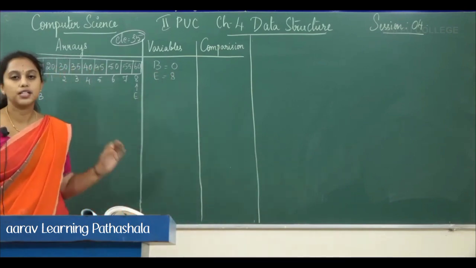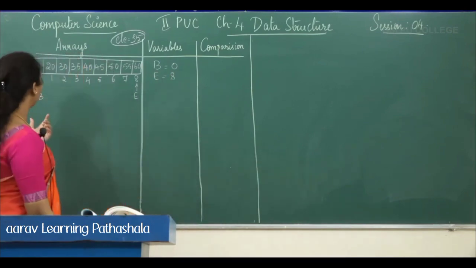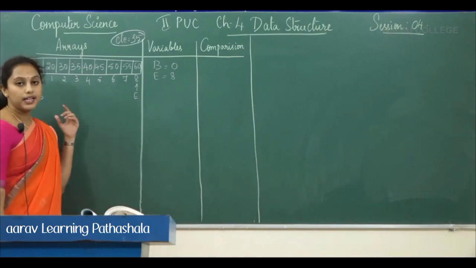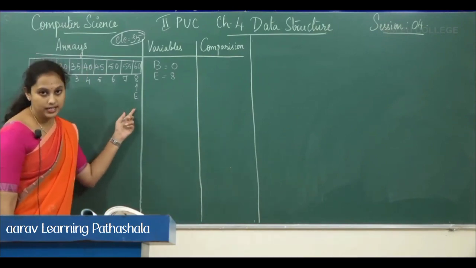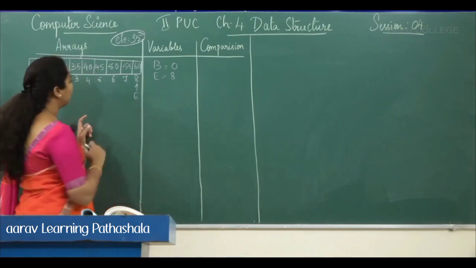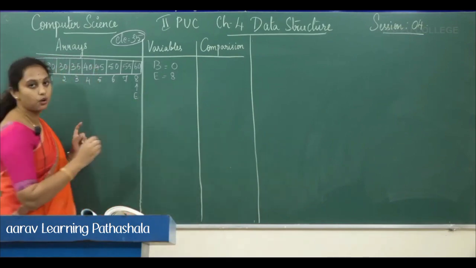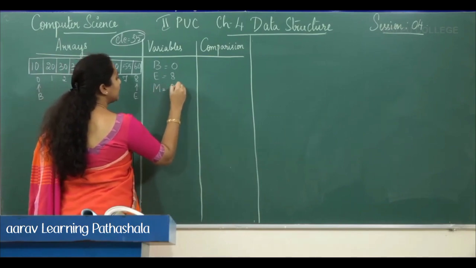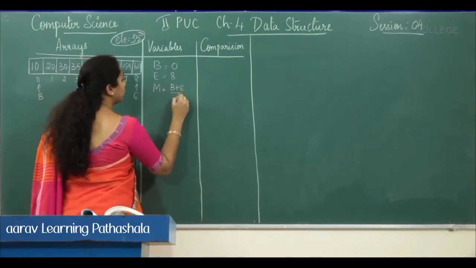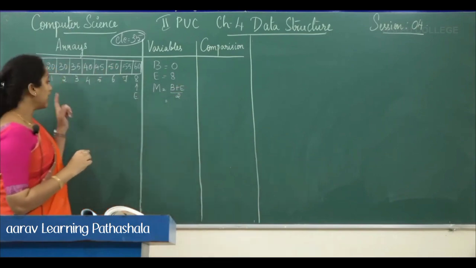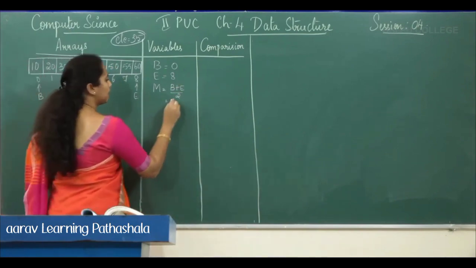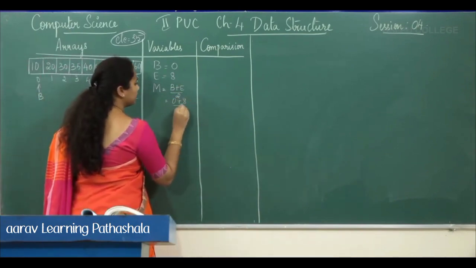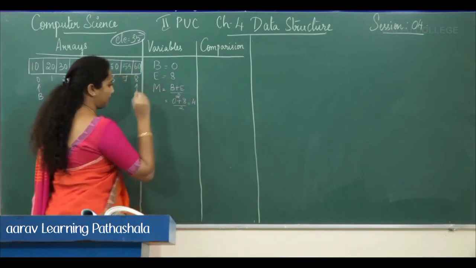How to find the middle term? While beginning is less than end, we have to find the middle term. So how to find the middle term? Middle term is equal to beginning plus end by 2, which is nothing but 0 plus 8 by 2, that is 4.